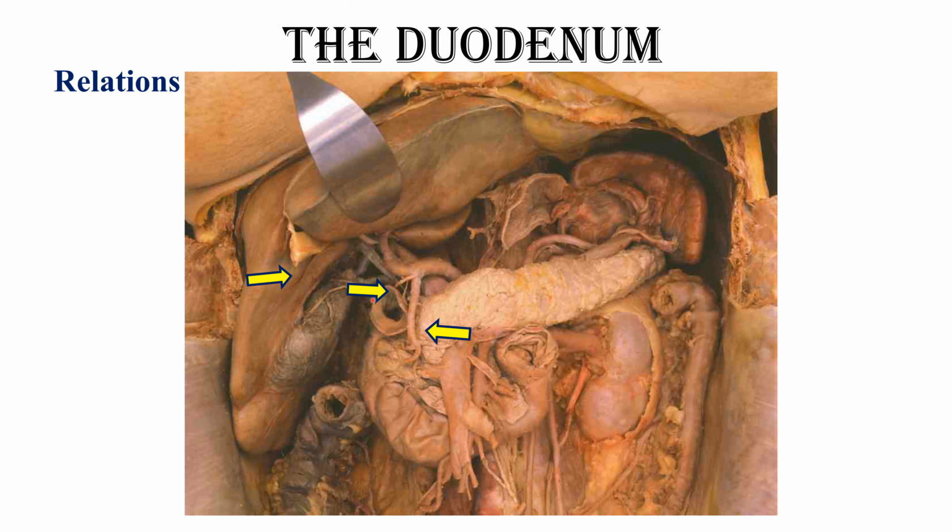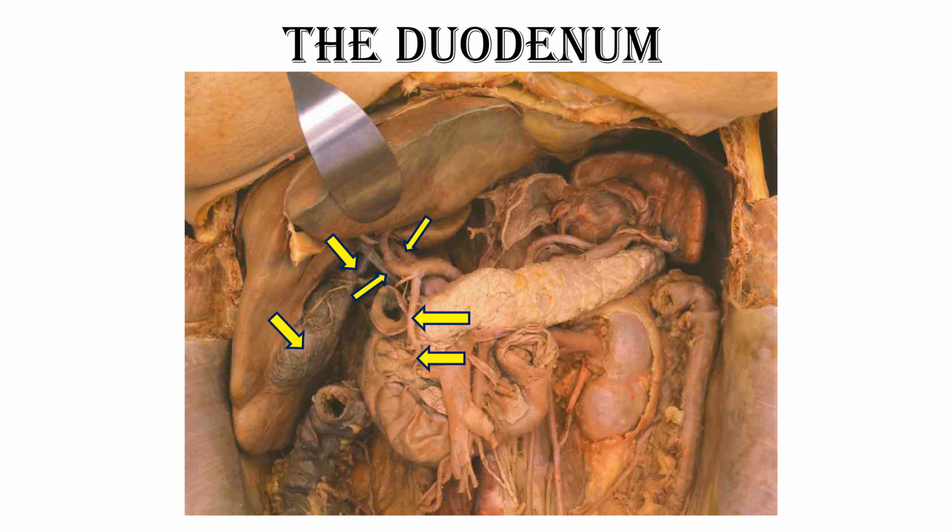That first inch gives attachment superiorly to the lesser omentum, inferiorly to the greater omentum. Anteriorly, the quadrate lobe of the liver will be anterior to it, while posteriorly it is separated from the neck of the pancreas by the cavity of the lesser sac. That's for the first inch.